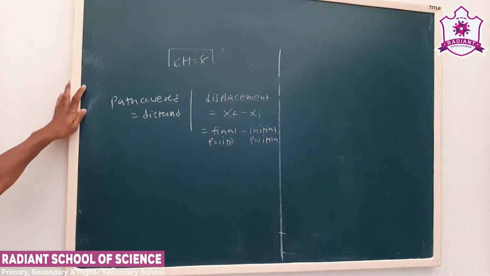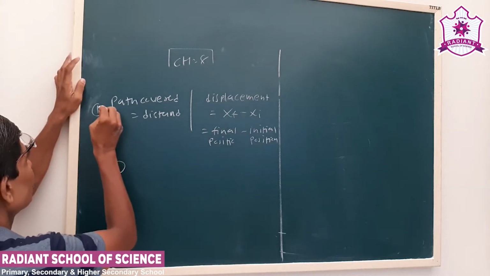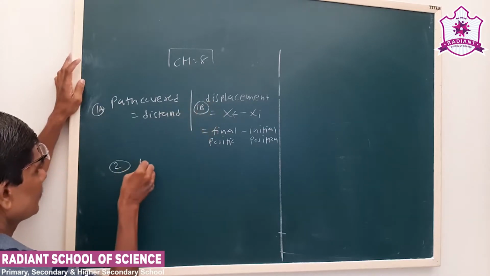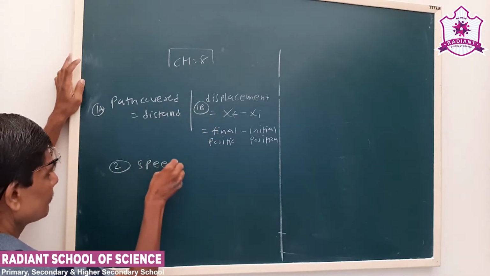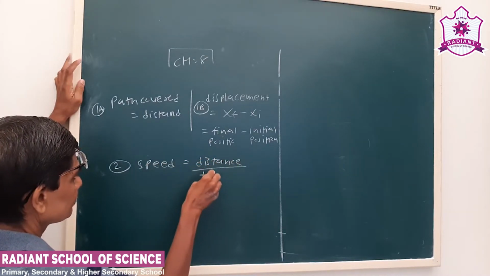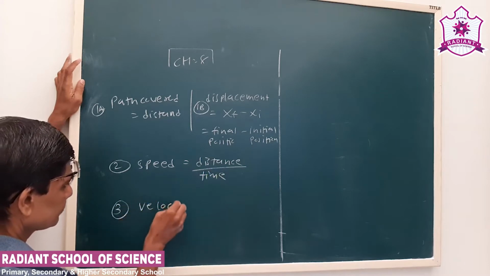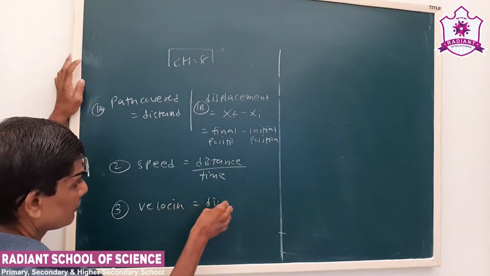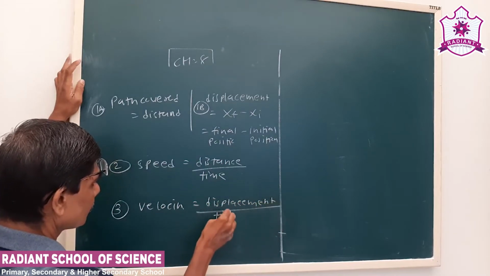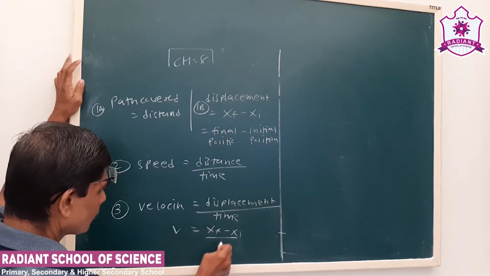Let us say 1A and 1B. Now speed is distance upon time, velocity is displacement upon time.